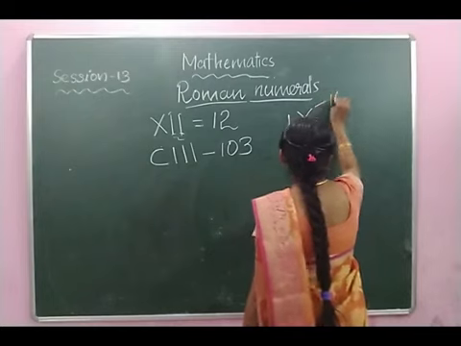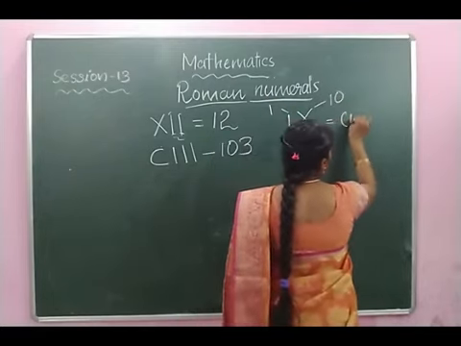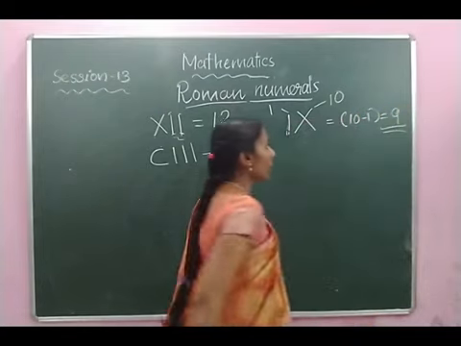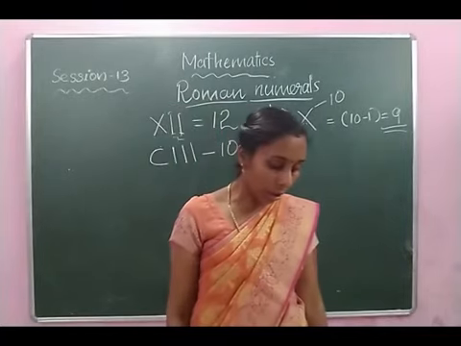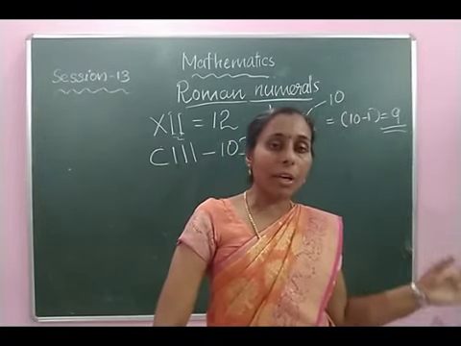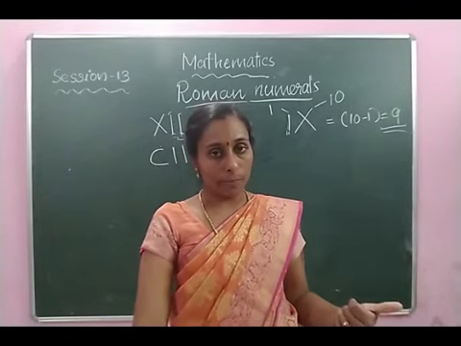Here X means 10, I means 1. That shows 10 minus 1 is equal to 9. When a smaller numeral comes to the left of a numeral of greater value, that means subtraction.